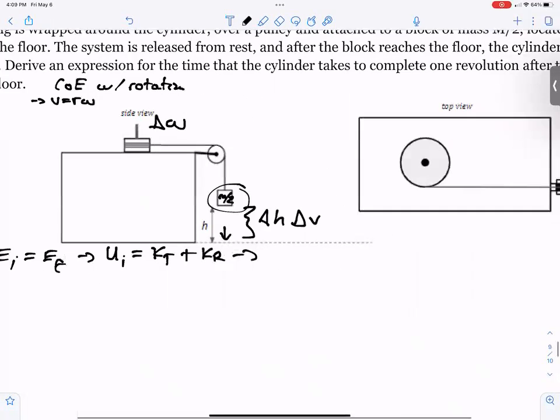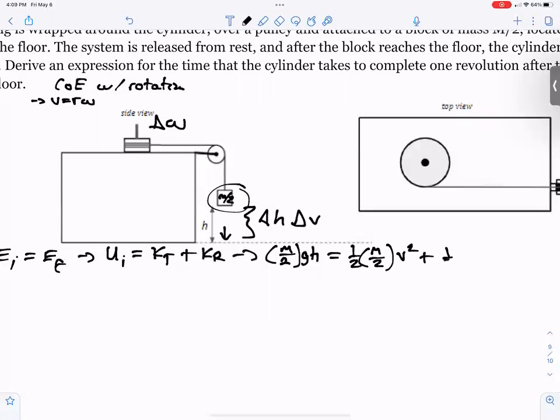So this would be m/2 gh equals, the translational kinetic energy would be 1/2 m/2 v squared plus the rotational kinetic energy of 1/2 I omega squared.